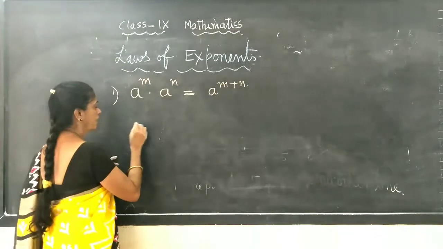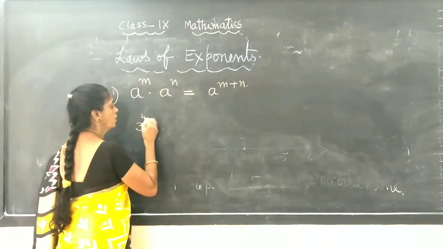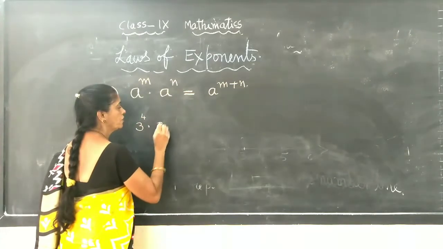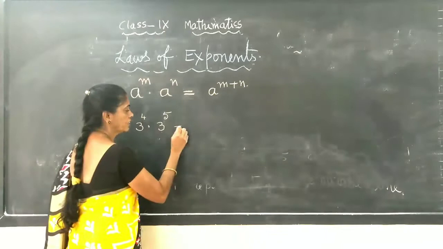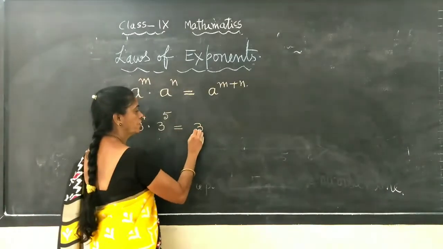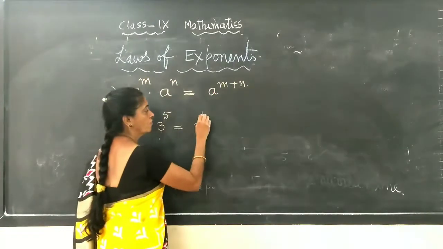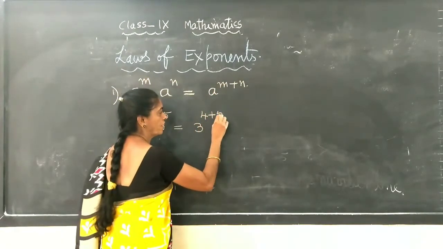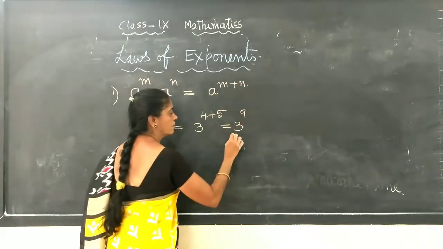Example, say we have 3 to the power of 4 into 3 to the power of 5. When you do this, we will get 3 to the power of, we should add these two numbers, 4 plus 5, we will get 3 to the power of 9.